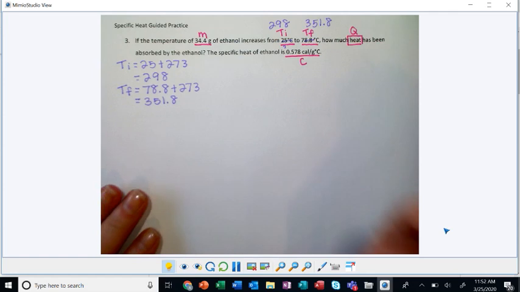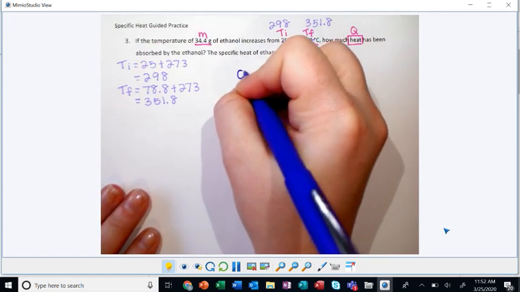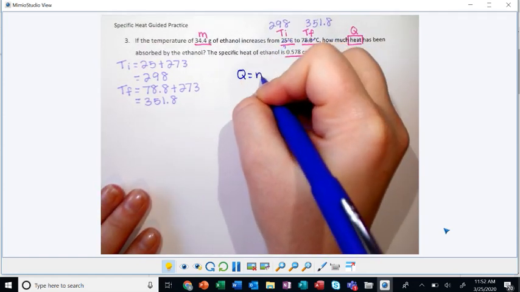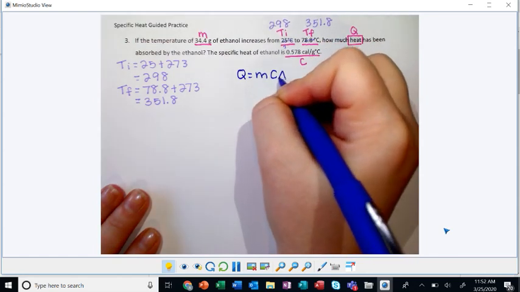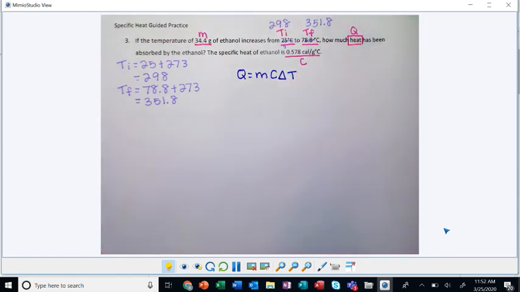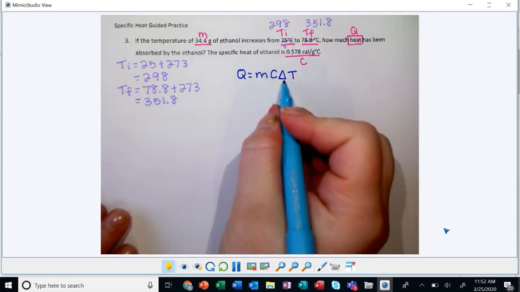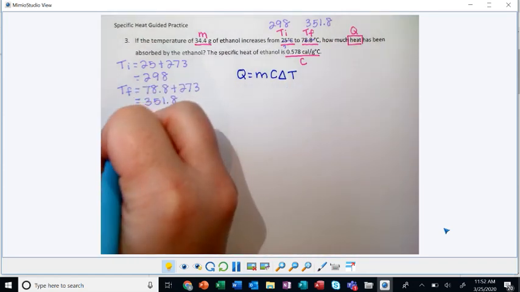So again, our equation is Q equals MC delta T. Q equals MCAT. That's how I was taught how to remember it in college. So we need to calculate that delta T, or that change in temperature again.